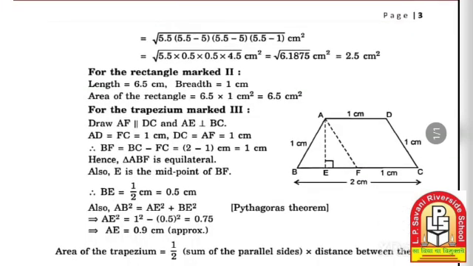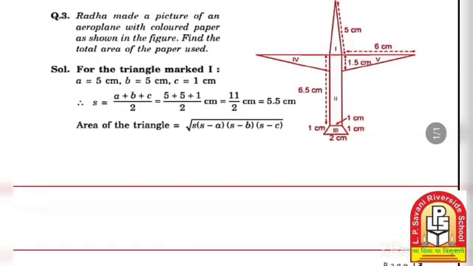For the rectangle, mark 2, this is the rectangle which I indicated here. This is the rectangle indicated as part 2. The area of a rectangle is height multiplied by length.